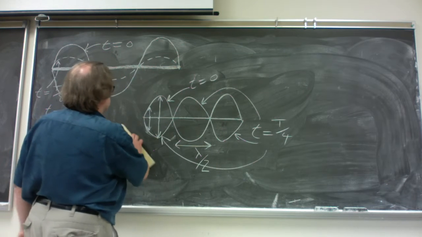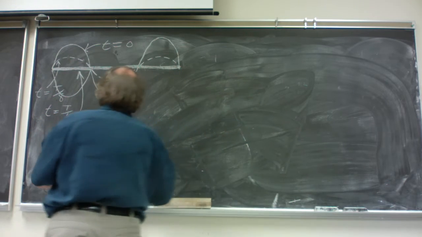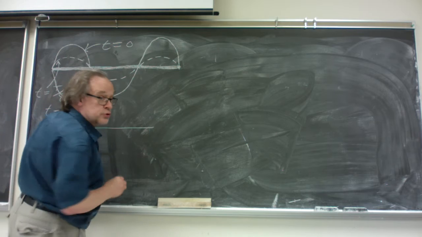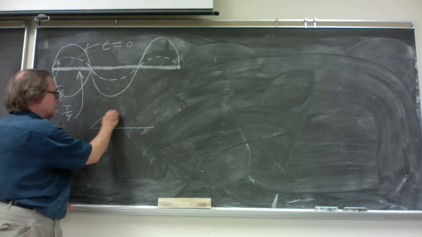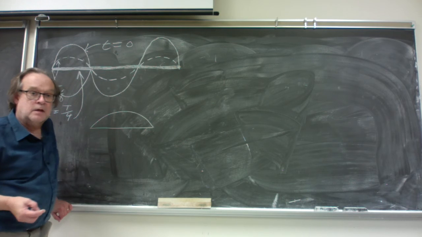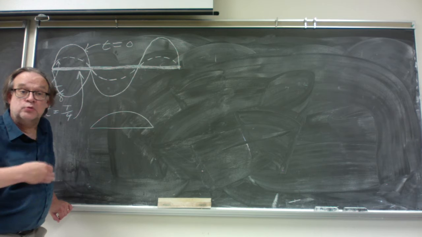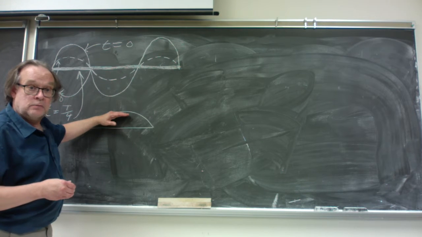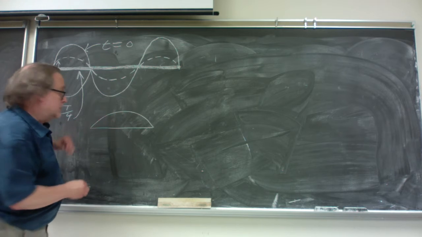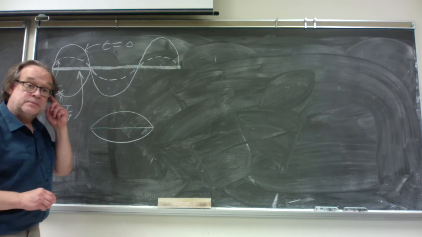And so the simplest standing wave, there's the string when it's not vibrating. The simplest standing wave would be one in which there are no other nodes in between the two ends. So at one time, all points on the string are displaced like this, and then a half cycle later, they're displaced like that.